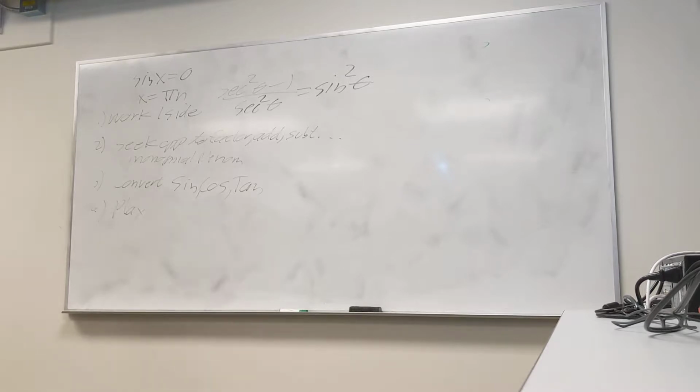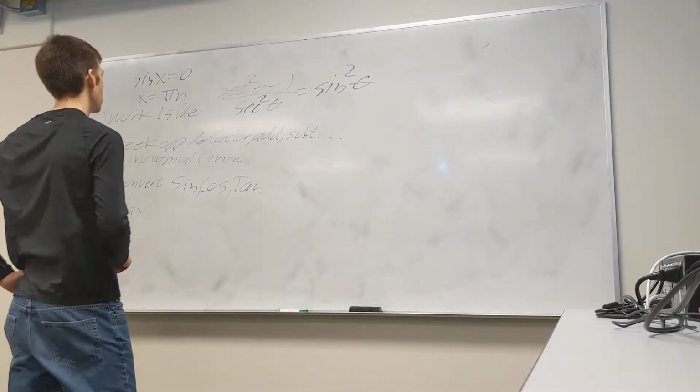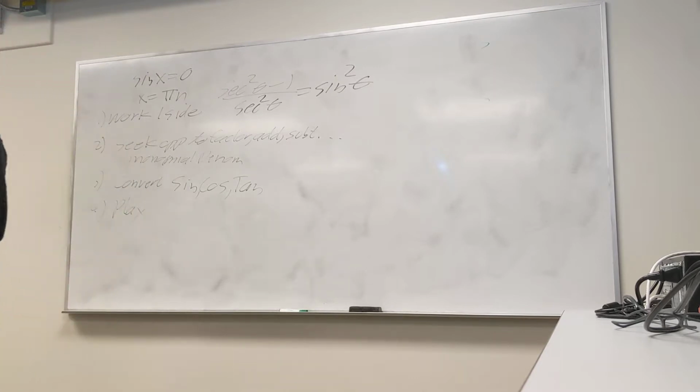So, okay, what do I have? Do I have anything that looks familiar here? Secant squared theta minus 1. What is that? I look here. Yes, secant squared theta minus 1 is tangent squared.